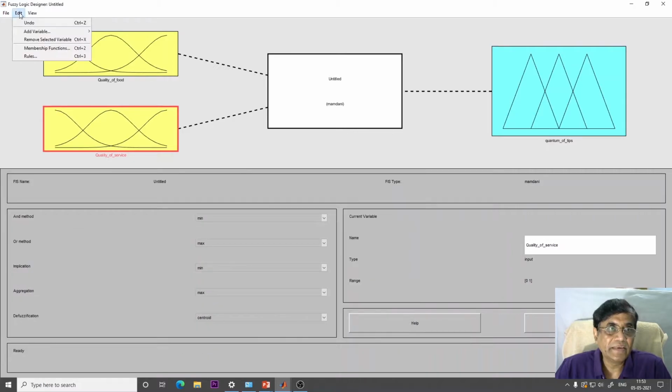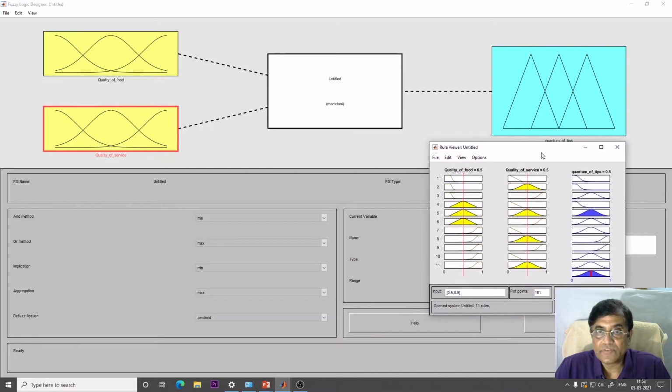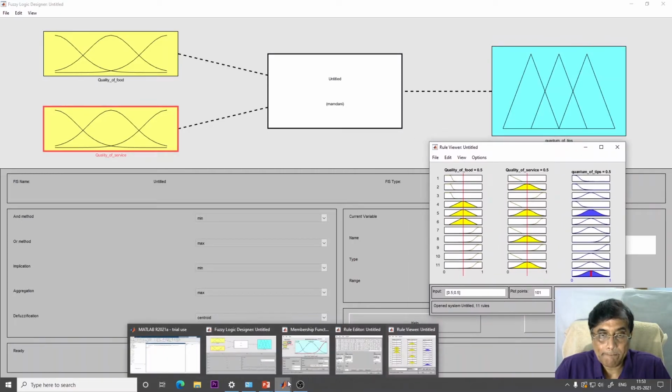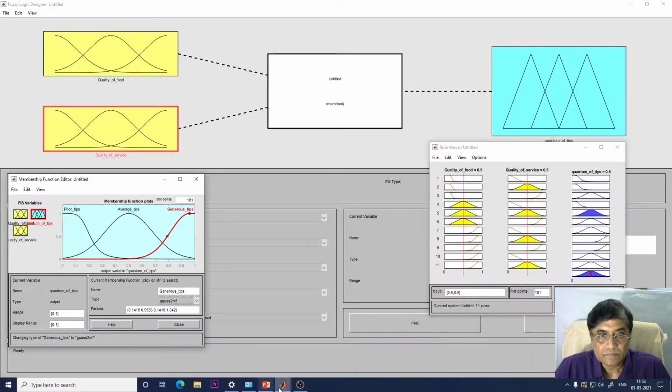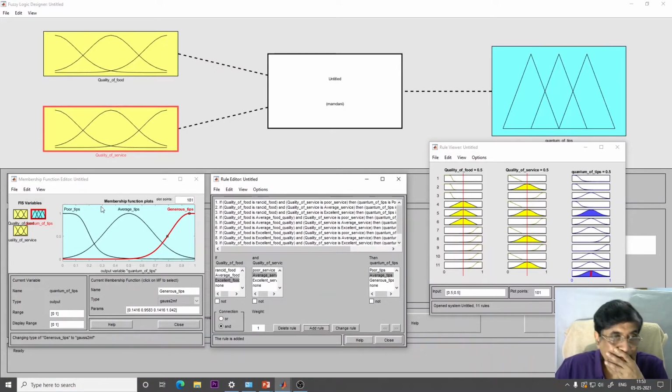Now let me see what my rules are meaning. So this is the result which I have got. This is the problem I have defined, this is the knowledge which I have injected, and this is the result which I have got.